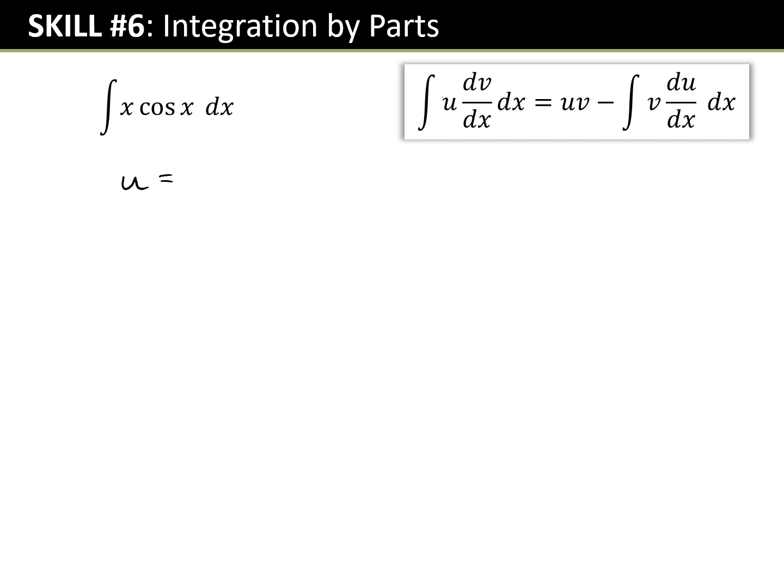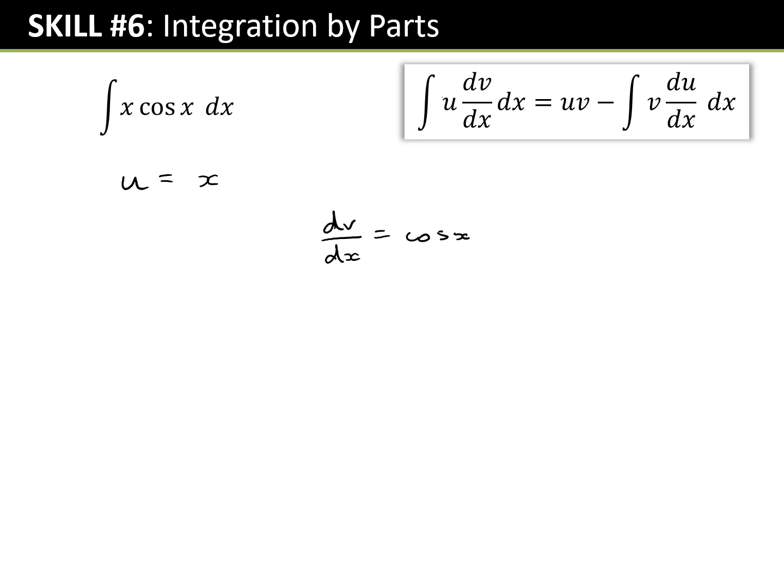Always pick your x term, so x, x squared, x cubed, whatever, to be the one you differentiate. dv by dx is then just the other one. So u, pick it to be the one like x, the one that will disappear when you differentiate it. dv by dx, just choose it to be the other one.